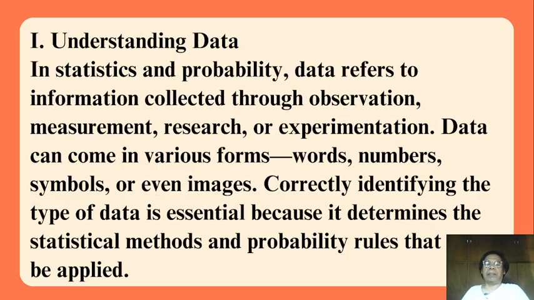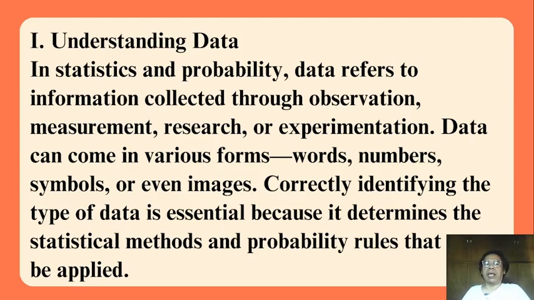Understanding data. So, in statistics and probability, the data refers to the information we collected through observation, through measurement, through research, or experimentation. This data can come in various forms.